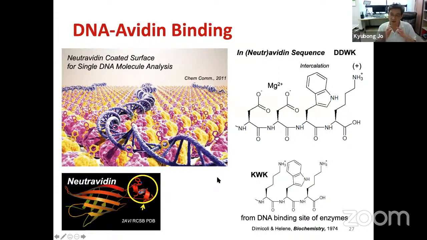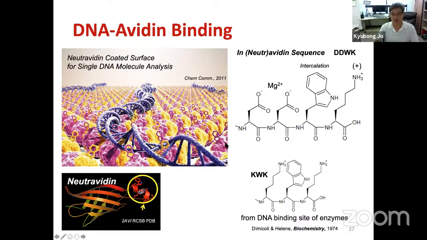The idea came from one of our previous works, in which we used a neutravidin coated surface for single molecule tethering using biotin and avidin chemistry. However, we realized that the DNA molecule often binds on the neutravidin surfaces without biotin. In the beginning, that was a huge problem, and later we figured out why that happened.